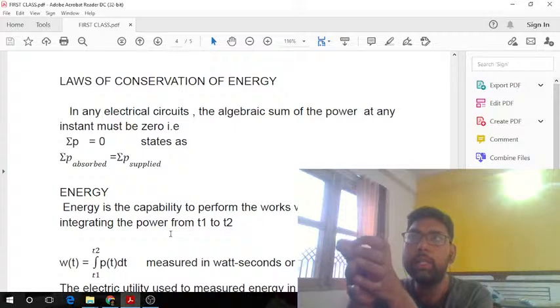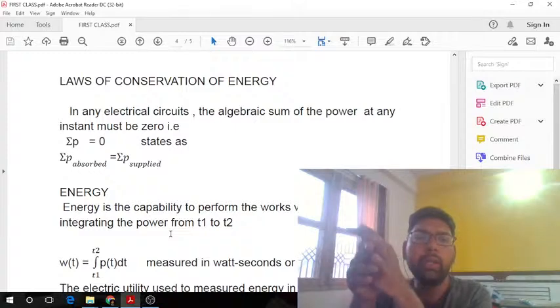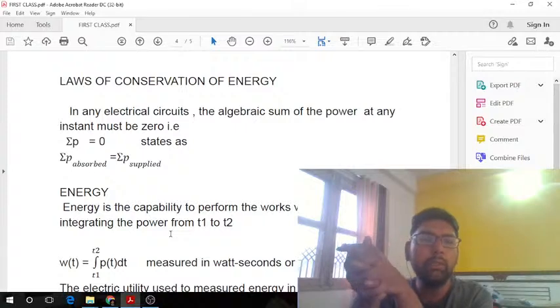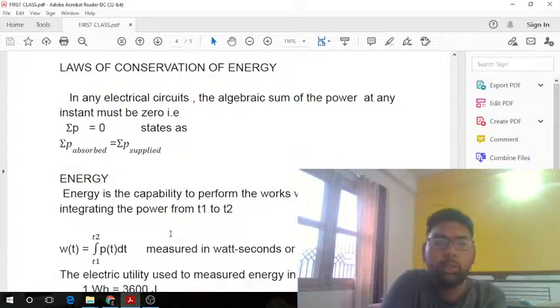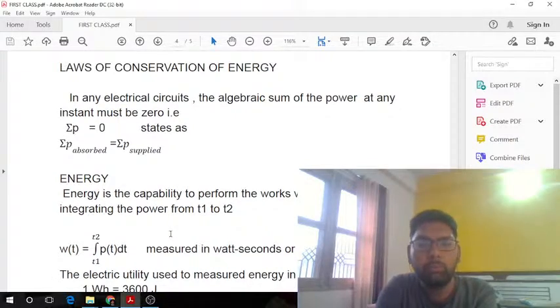It can only be changed from one form to another without any loss. So within a circuit, the sum is zero as energy transfers from one element to another.